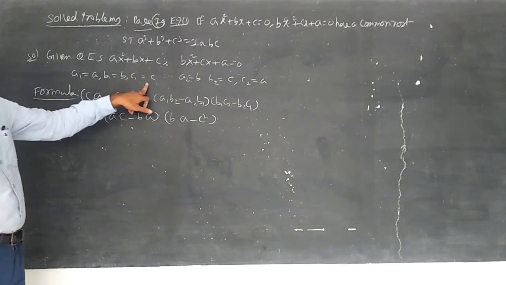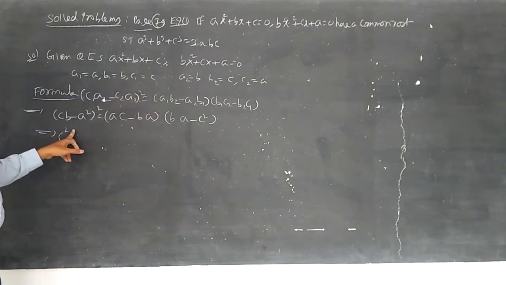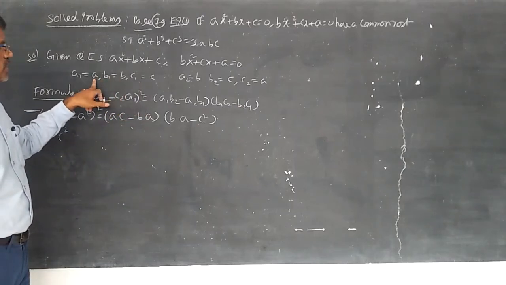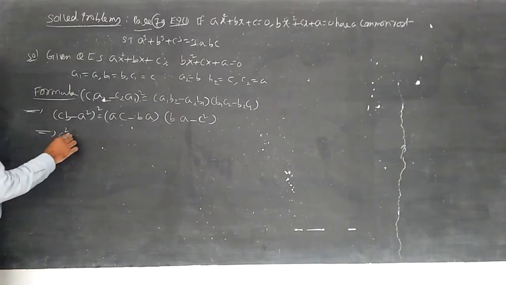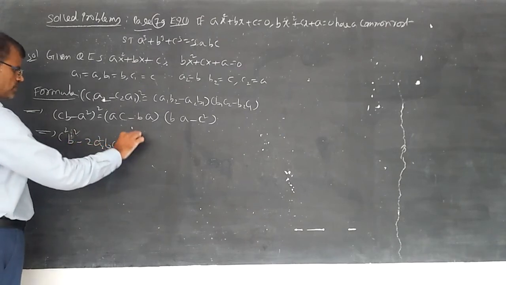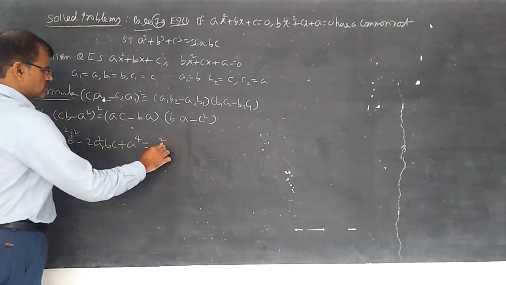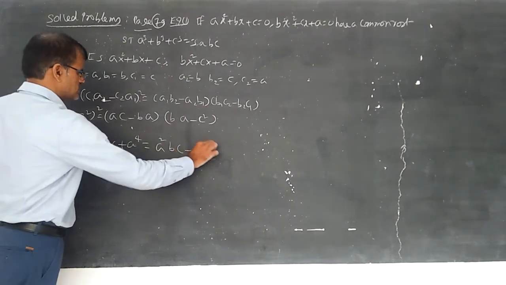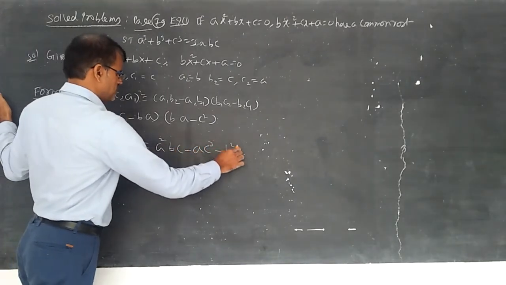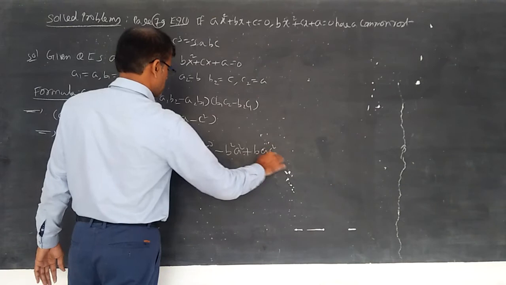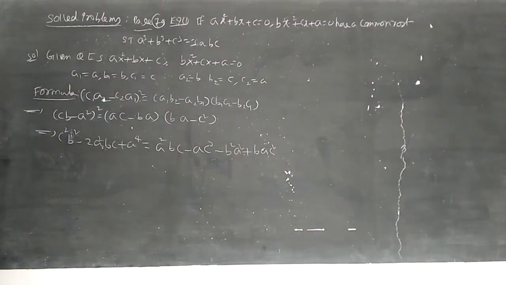C1 A2 means c into b, minus A1 C2: A1 is a and C2 is a. That's all. So c square b square minus 2a square bc plus a power 4 is equal to the full multiplication: a square bc minus ac cube minus b square a square minus of minus plus bac square.